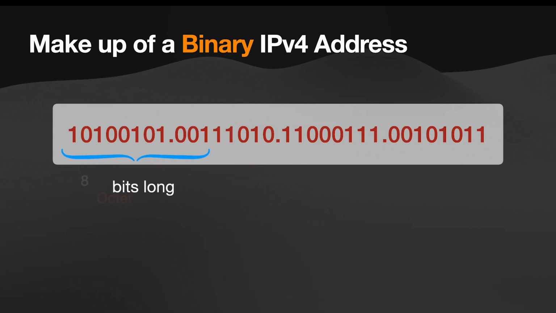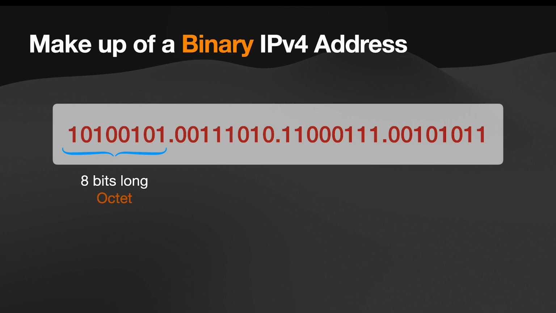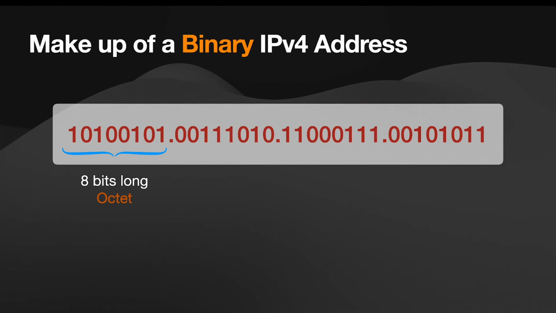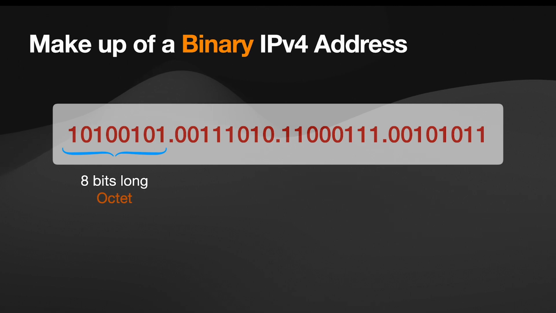Then each of these little sections separated by the dots are octets, and there are 8 ones and zeros, or bits, in each of these octets. Then all these octets make up the IPv4 address, and they all add up to 32. So that's the basic structure of a binary IPv4 address.